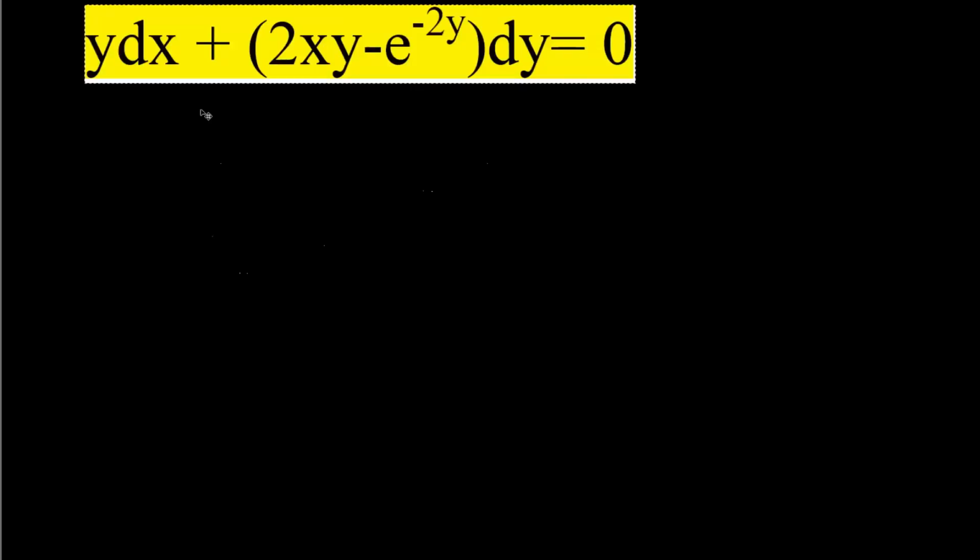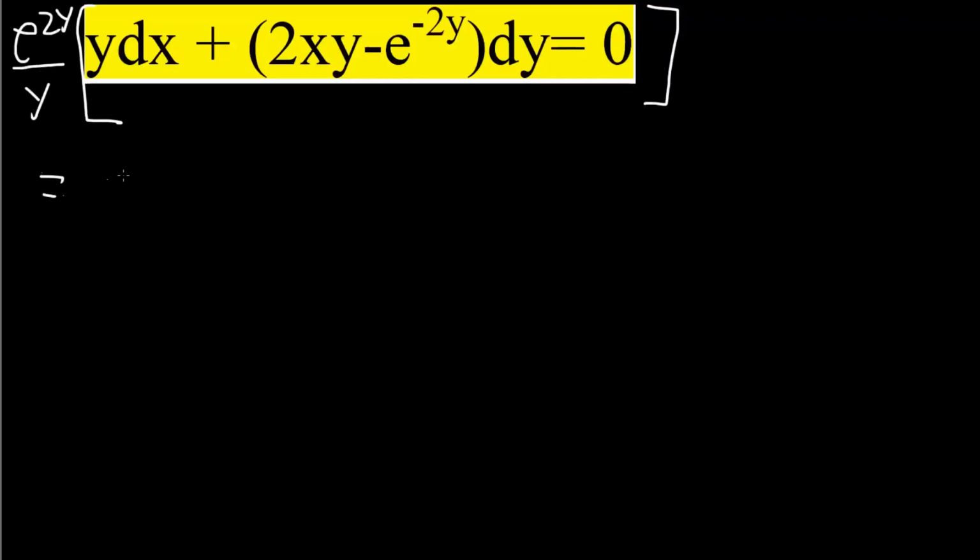And so now we will multiply our original equation by our new integrating factor. We said our integrating factor was e raised to 2y divided by y, and we're going to multiply everything here by it.